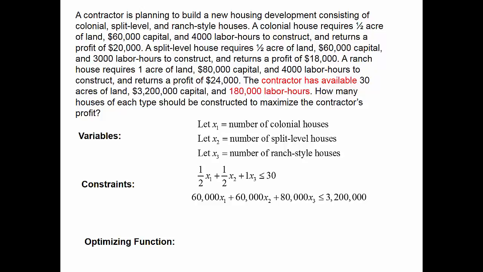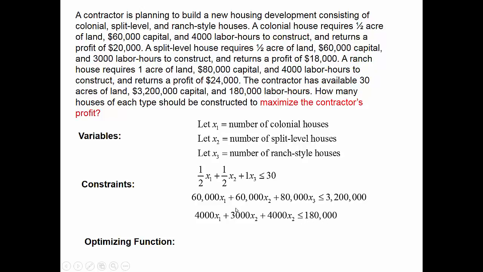Again, looking through the problem at what is said about labor hours, the second sentence says that the colonial house takes 4,000 labor hours, the split level houses take 3,000 labor hours, and the ranch takes 4,000 labor hours. So added together, that can't be more than 180,000.